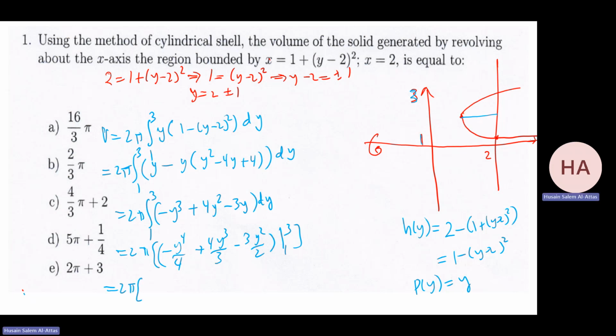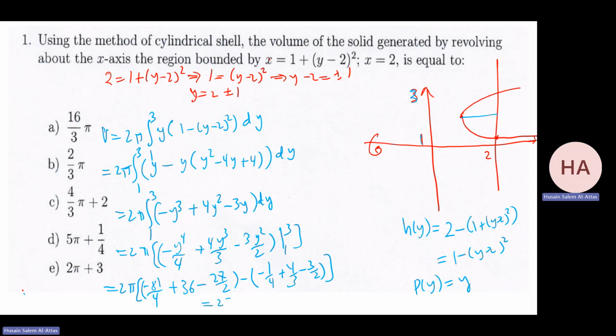Now I have 3 to the power 4, that's 81, so minus 81 over 4 plus 27 over 3, 9 times 4, that will be 36, minus 27 over 2. Now apply the 1: minus 1 over 4, plus 4 over 3, minus 3 over 2.